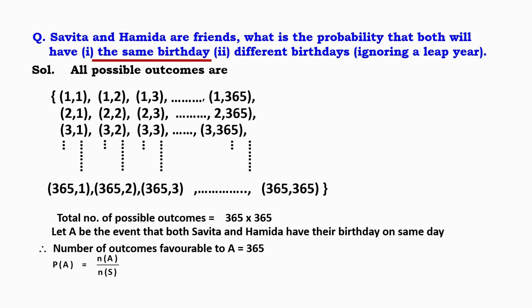We can also represent it as N(A) by N(S), where N represents the number of outcomes, and total outcomes we represent with S. So that is 365 divided by 365 into 365. Earlier we have not calculated the value of 365 into 365 because that will be a longer value, and during calculation you can make mistakes. Better we keep it as it is, 365 into 365, then we can easily cancel these values. So it comes to 1 by 365.